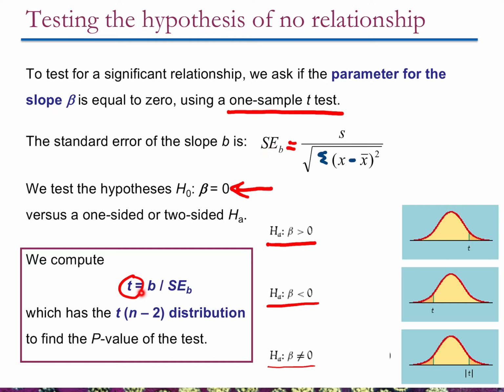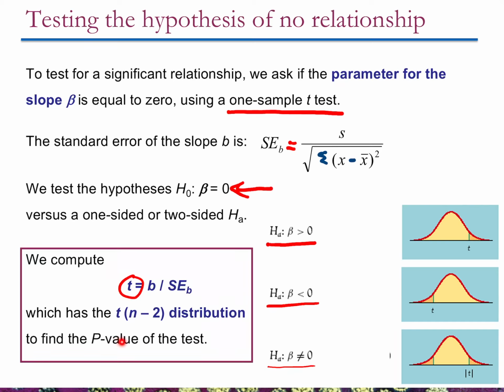All right, why is that important? Because to calculate t, we take the slope of our regression line and divide it by the standard error of the slope. If you have a large standard error of the slope, lots of spread in your data, and you divide a small slope by that, you end up with a small value of t.